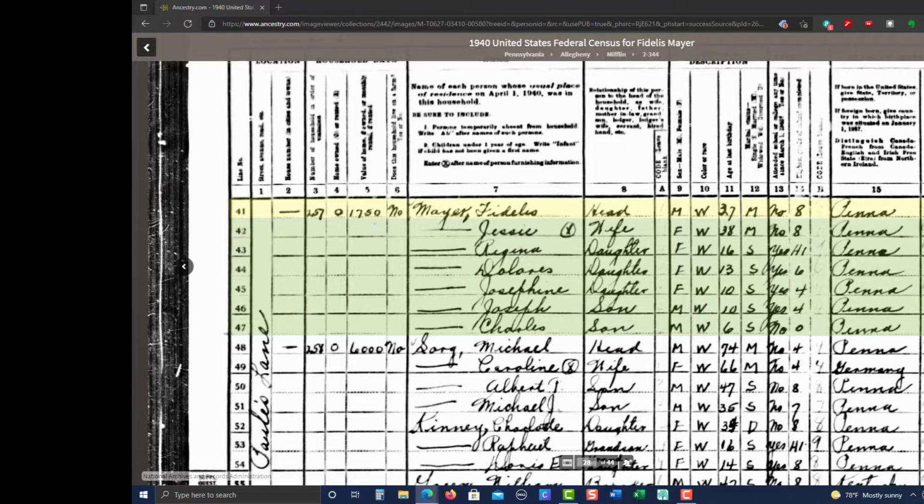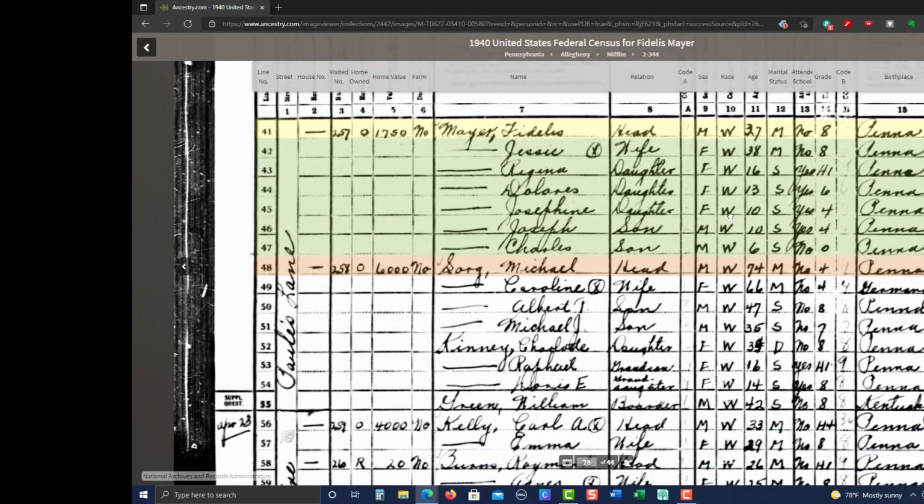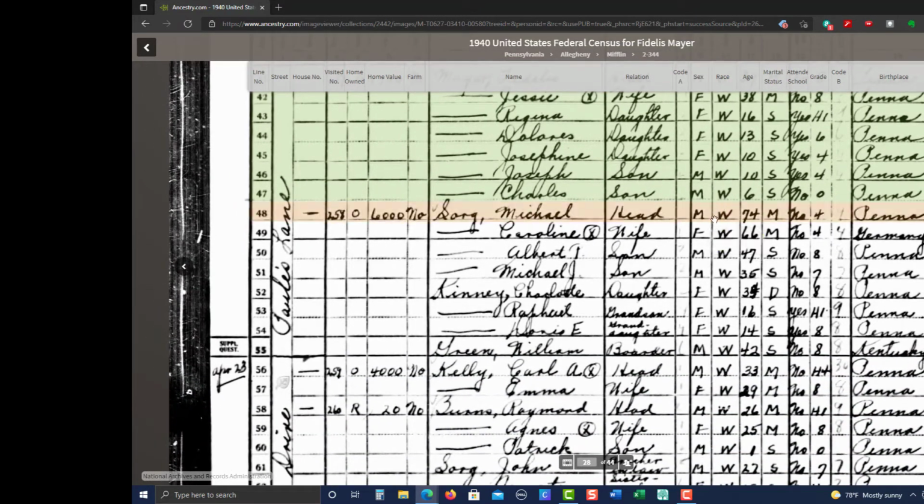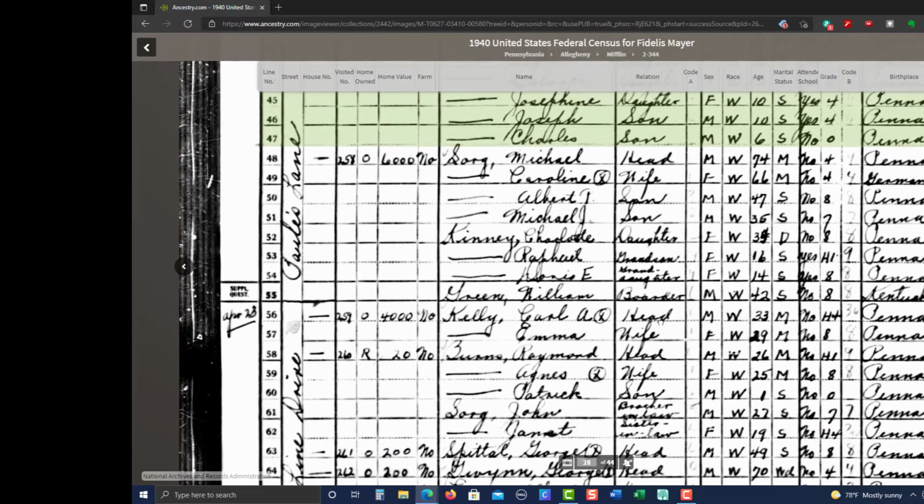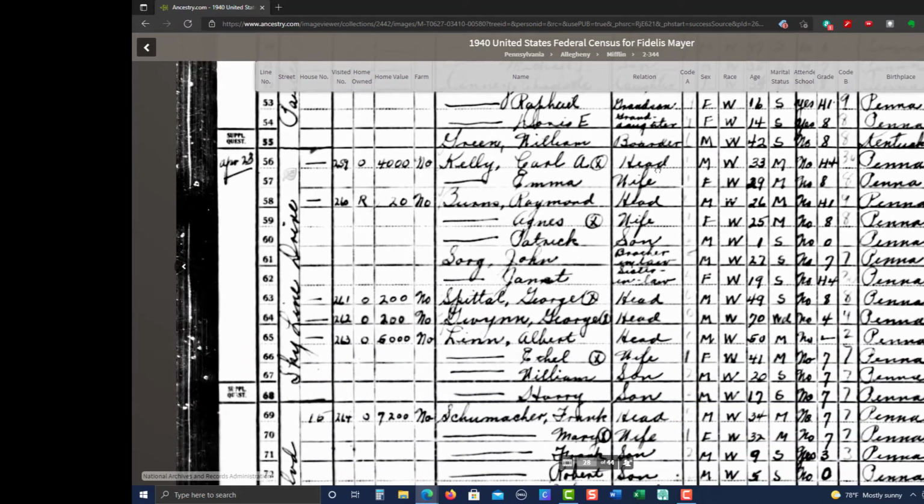So this is showing you who is actually providing this information for that household. Now, lots of times it's the wife, because very often the census enumerator will be coming during the day, and usually the man is working outside the home. But you can see very often it's the wife.